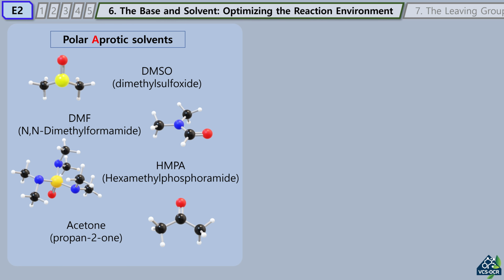Polar aprotic solvents, such as DMSO or DMF, weakly solvate anionic bases. This increases the effective basicity of the reagent, facilitating proton abstraction in E2, while also increasing nucleophilicity and accelerating SN2 reactions. In practice, however, chemists often employ the conjugate alcohol of the base as the solvent.